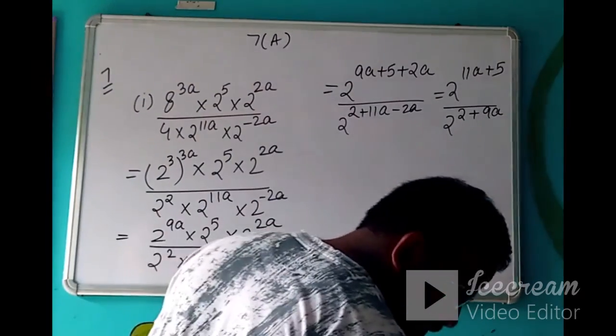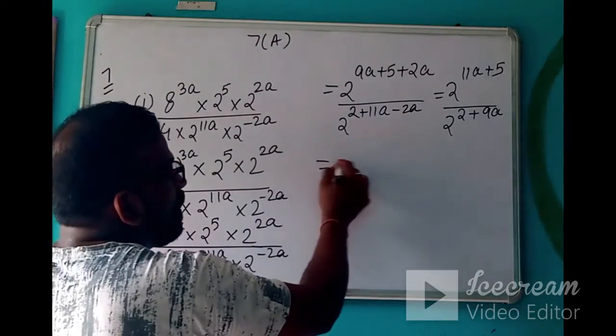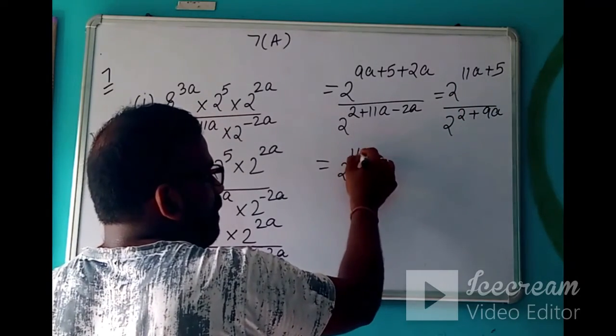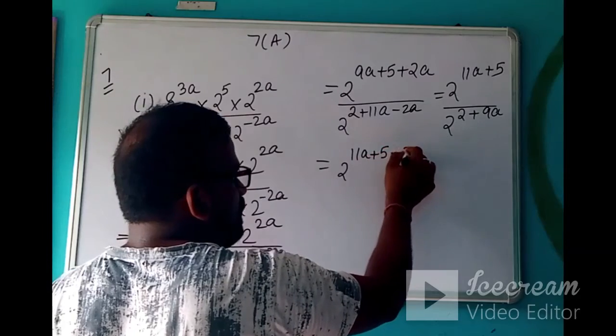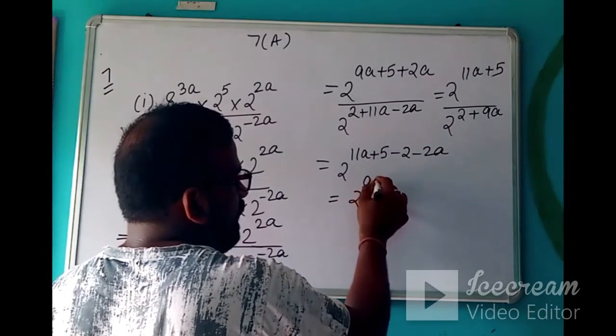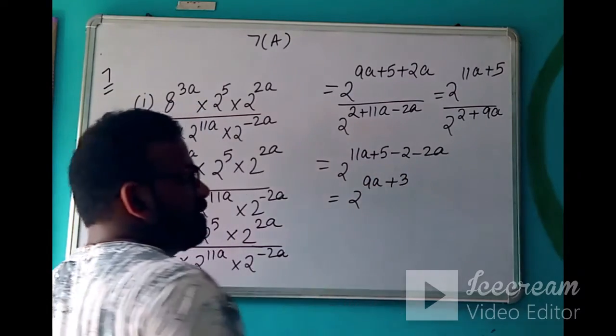Then we will use the division rule here. So 11a plus 5 minus 2 minus 9a, the answer will be 2a plus 3.